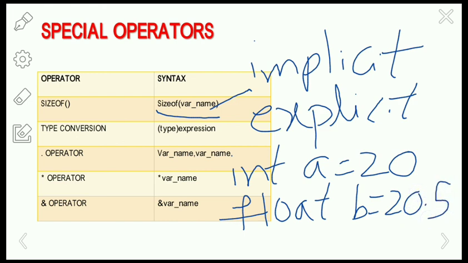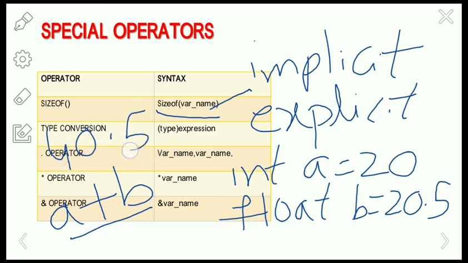If we perform the sum of these two operands, a plus b, then the answer will be in floating point only. So the answer is 40.5, right? It will be automatically converted to floating point by the compiler itself. That is called the implicit type conversion.